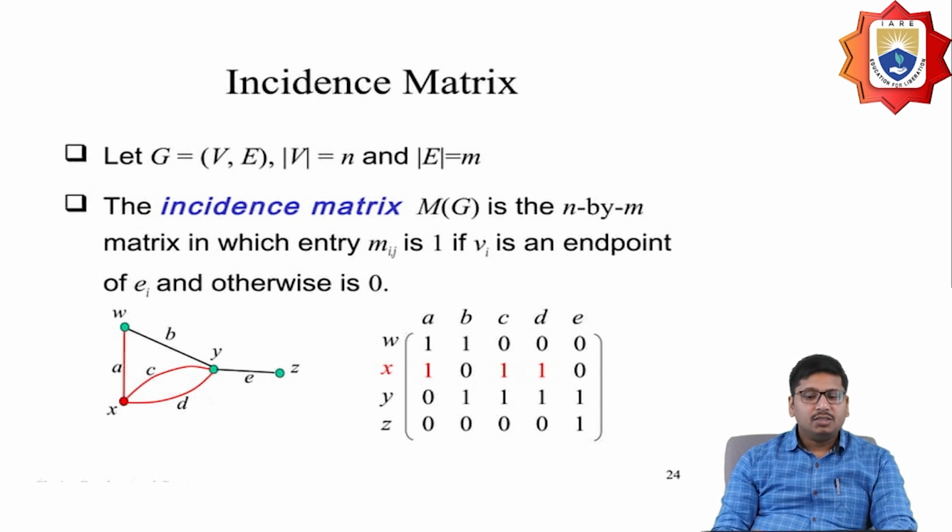So the incidence matrix is given by an n by m matrix, where the entry is 1 if Vi is the endpoint of Ej, otherwise it should be 0.